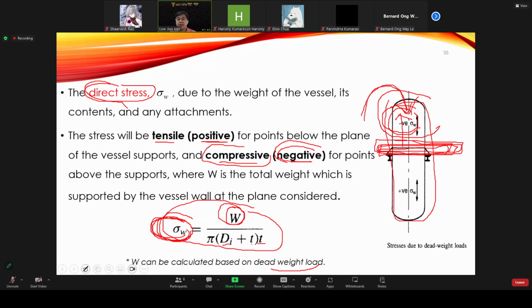The direct stress that can be found below the support here is normally a positive value. Why? Because it is considered as a tensile stress. This is how we put the positive and negative sign for our direct stress, based on whether it is considered as a tensile or compressive stress. Tensile, positive. Compressive, negative.